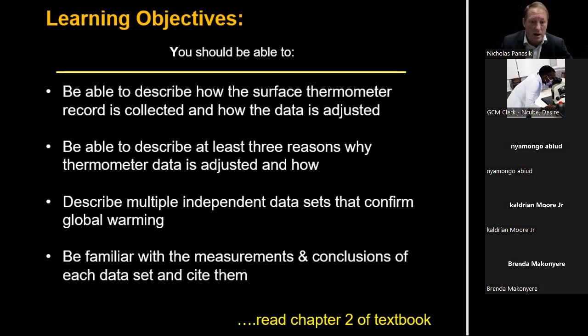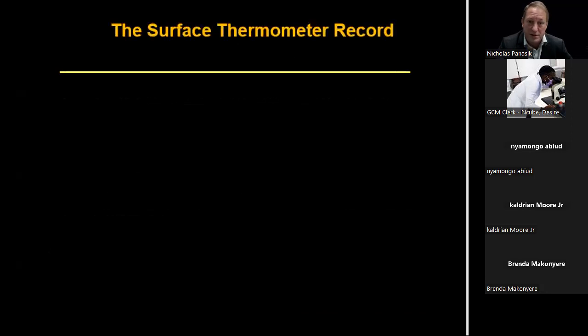You'll also, at the end of these lectures, be able to talk about other independent data sets that confirm the same kind of conclusions that we get from the thermometer data, how those data sets are measured, and what their main conclusions are.